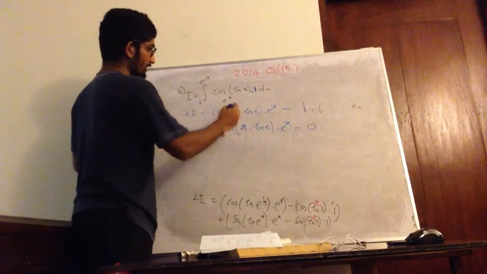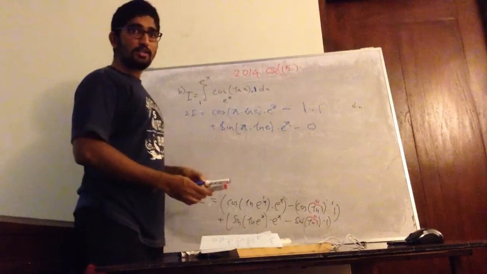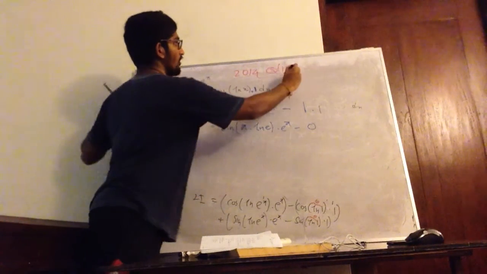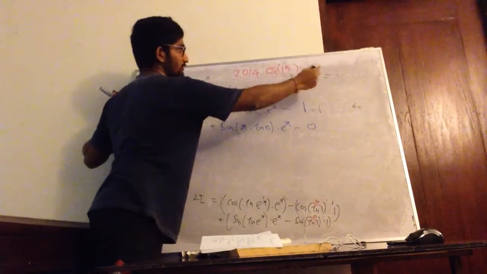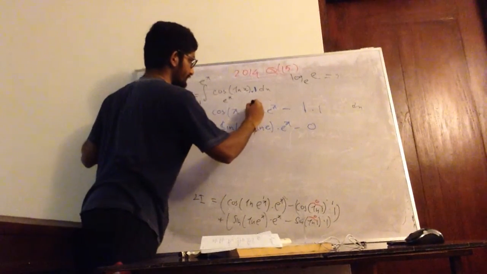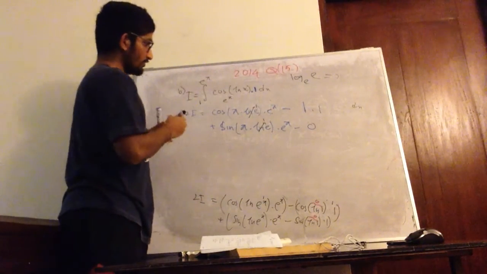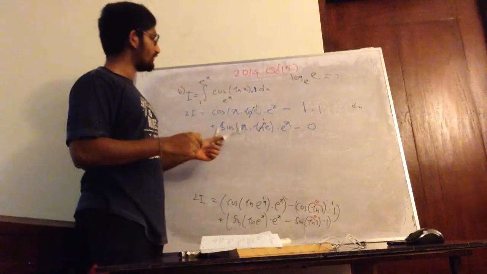Then what is ln e? Ln e is 1, because log e to the power 1 is 1. So this is also 1. This is 1. This is also 1. So basically we need to evaluate cos π and sin π.